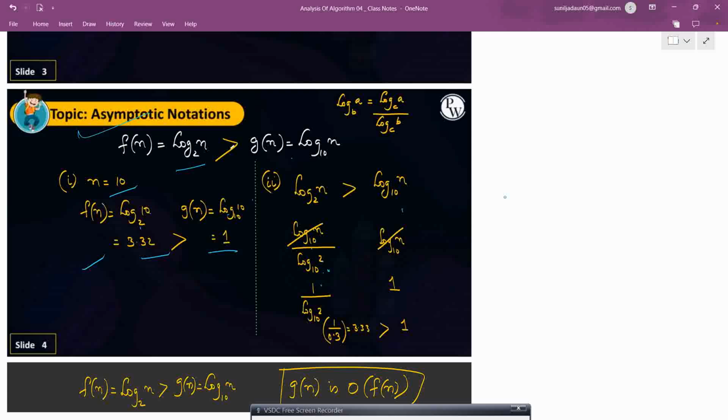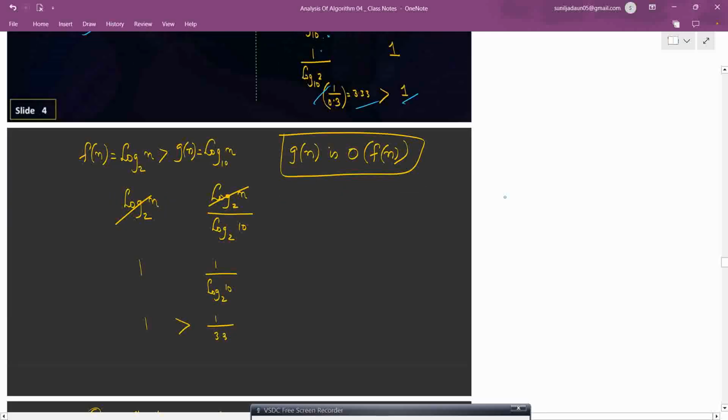So this is greater than log n, this is 1. 1 by log n is what? 3. This is greater than this, right? So it is big O of that.